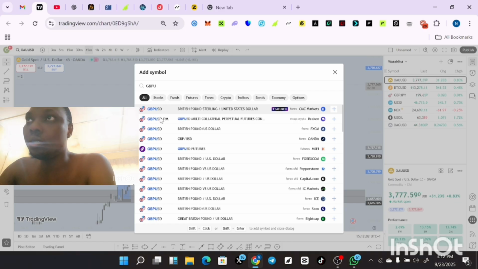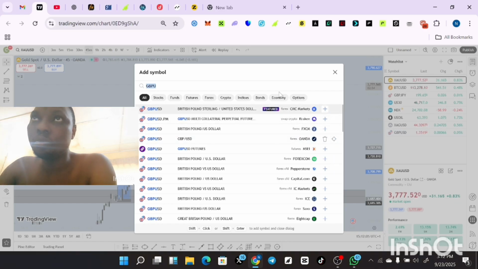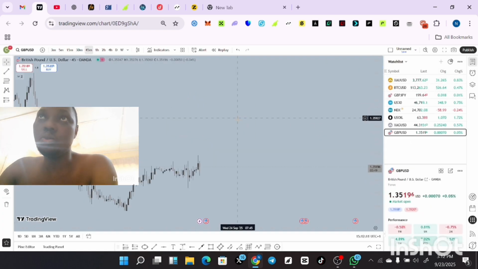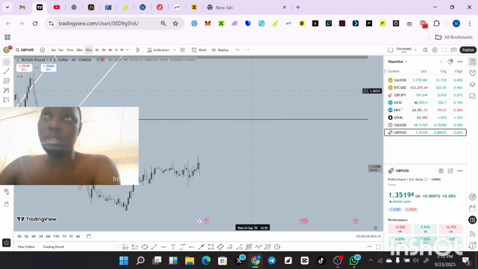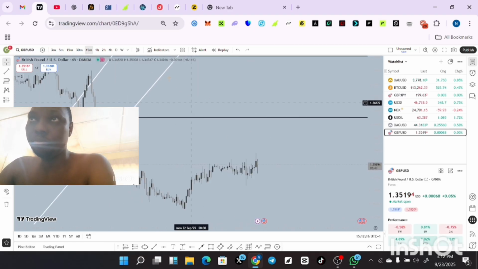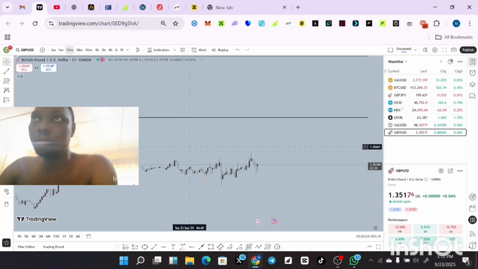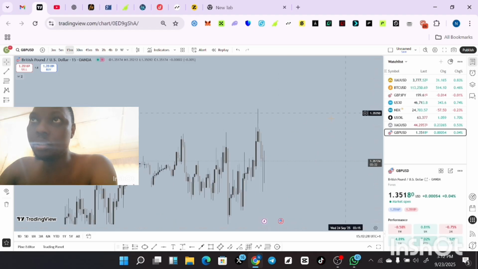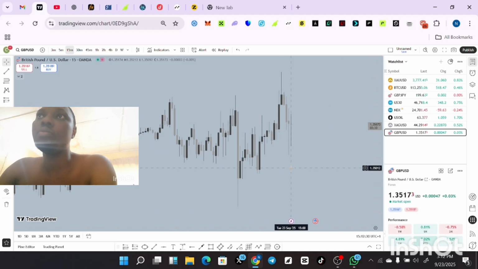So let's locate 9:30. This is the 9:30 candle. See this bullish candle here? This is the 9:30 candle.